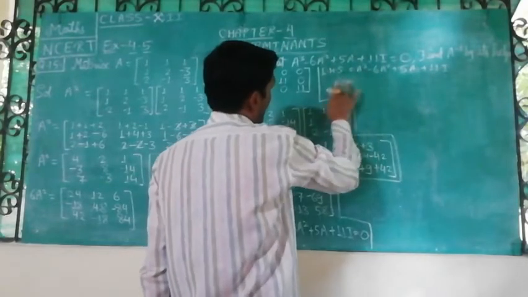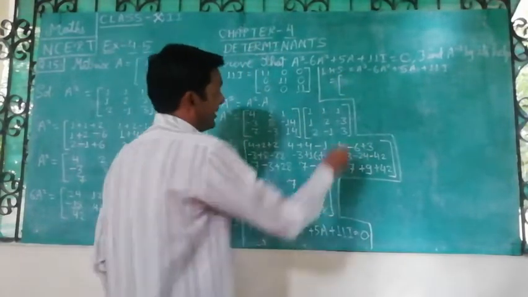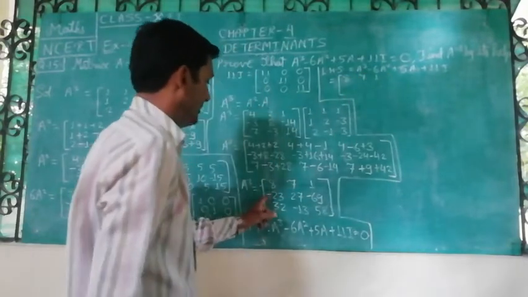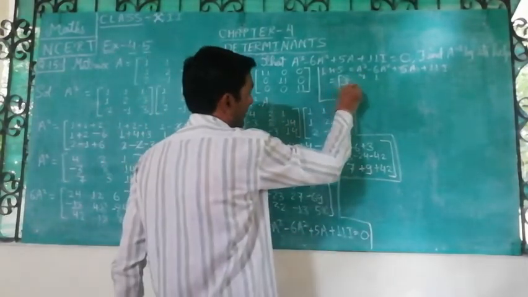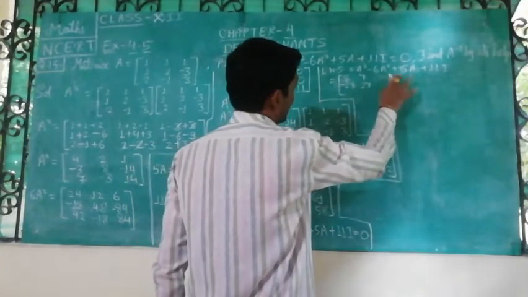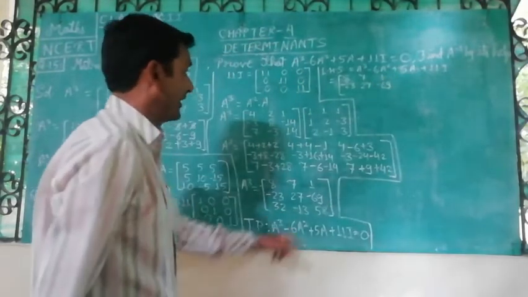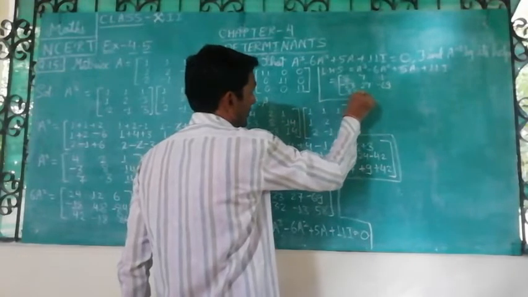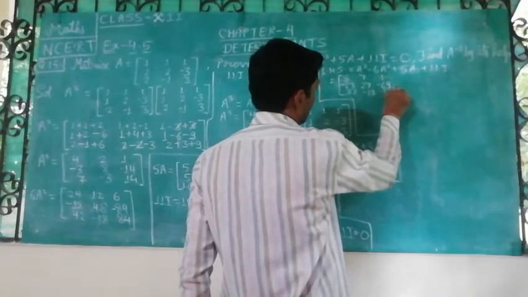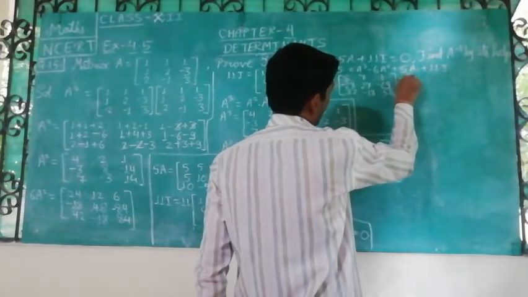So A cube, what is the value of A cube? Let us write A cube first of all. It is 871. Now minus 23, 27, and then minus 69, 32, minus 13, and then 58. Minus 6A square. 6A square we have determined here.